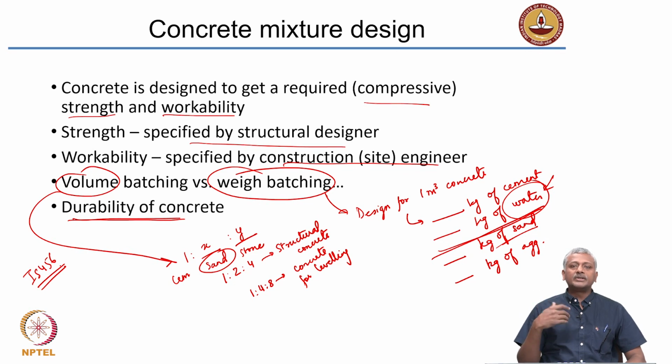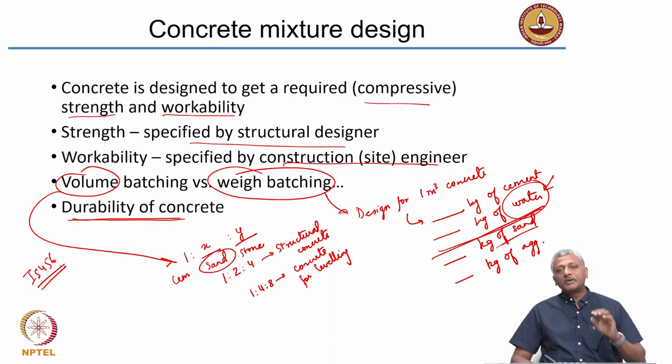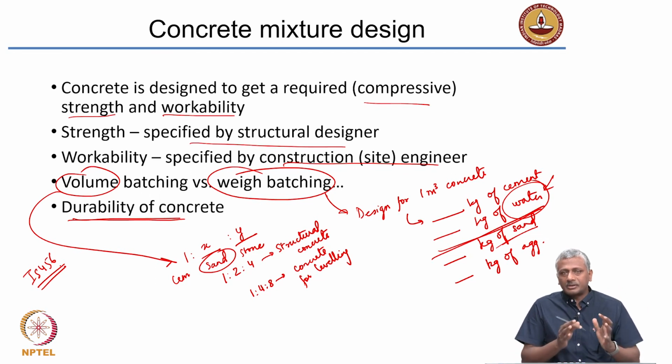So, what has happened over the years is that structural engineers who define the strength have been having the say in the kind of concrete that they actually get. But today increasingly people have realized that it is the durability of concrete and the associated aspects that come with it which govern the performance of the structure much more than the strength. In most cases, strength is not really a consideration because we usually over design the structure with respect to strength.